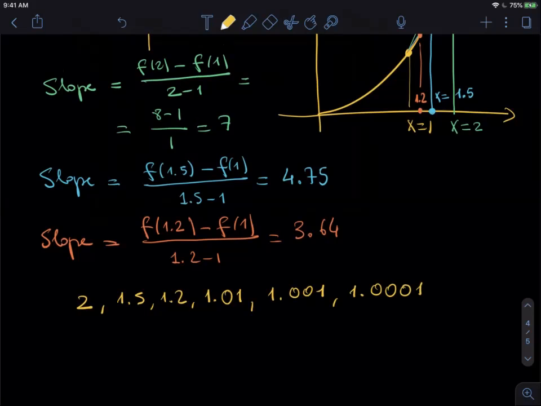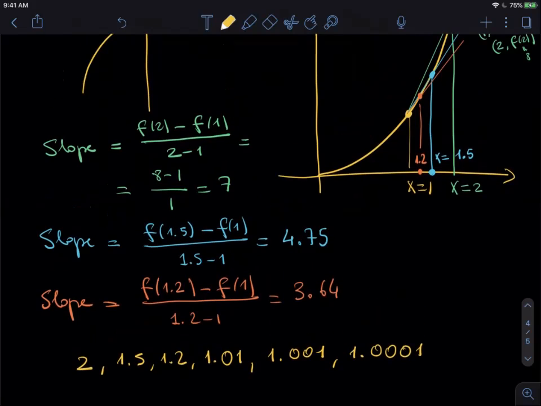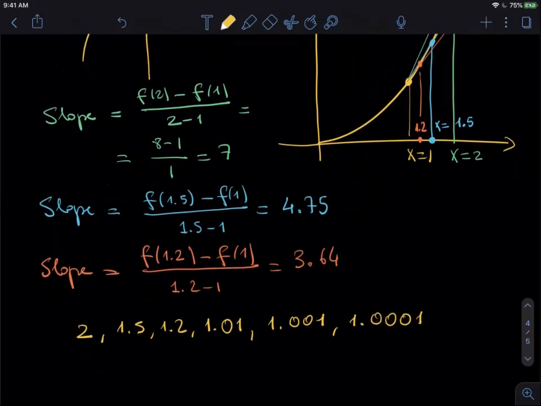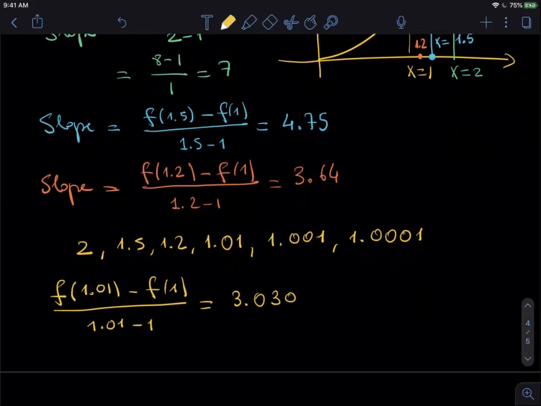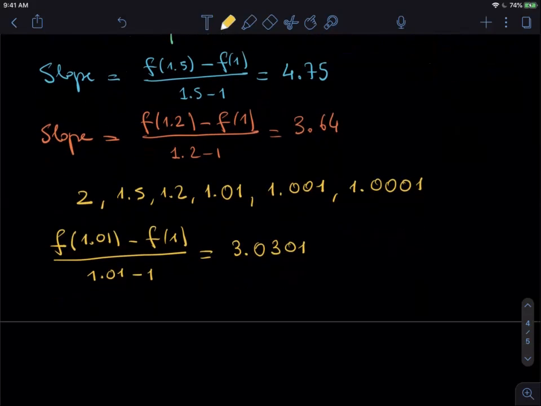Okay, you see that the idea is that if we get closer and these slopes somehow accumulate, then we have a good approximation. So f of 1.01 minus f of 1 divided by 1.01 minus 1. What I got was 3.0301. Okay, then we can keep repeating this.